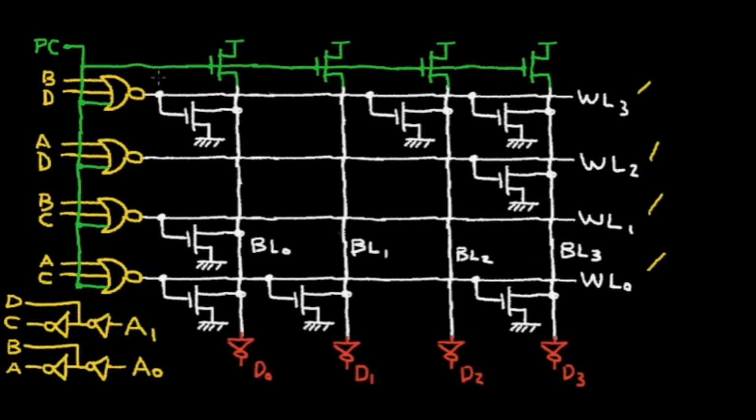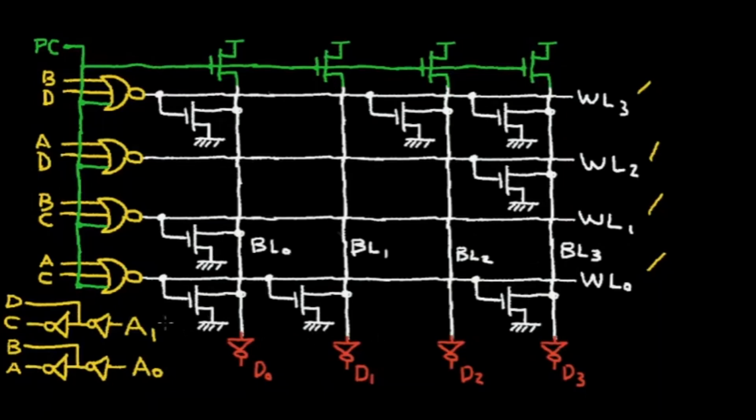And up at the top, shown in green, is a pre-charged circuit. And I have a decoder that's shown in yellow. And I have sense amplifying circuits that sense the data on the bit lines that's shown at the bottom and in red. So let's give you an overview of how this ROM works.